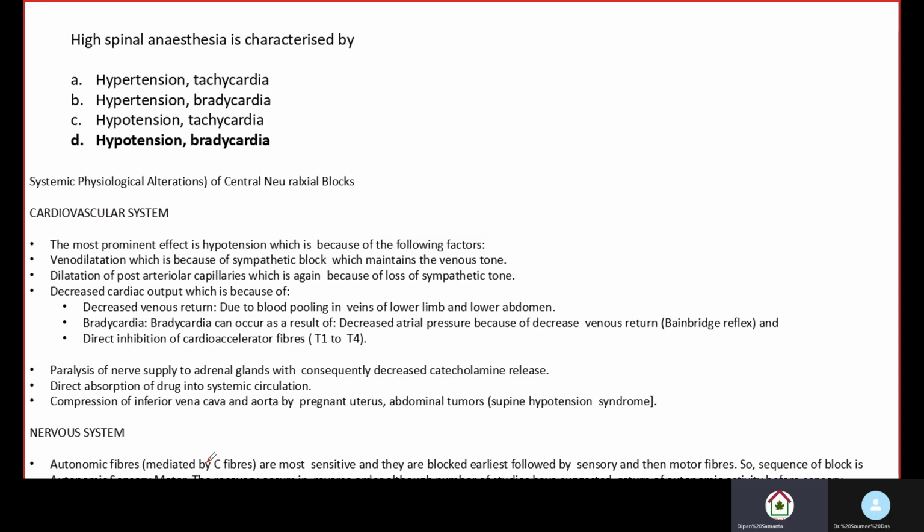High spinal anesthesia is characterized by: hypertension with tachycardia, hypertension with bradycardia, hypotension with tachycardia, or hypotension with bradycardia? High spinal anesthesia is characterized by hypotension and bradycardia. Both hypo, basically.